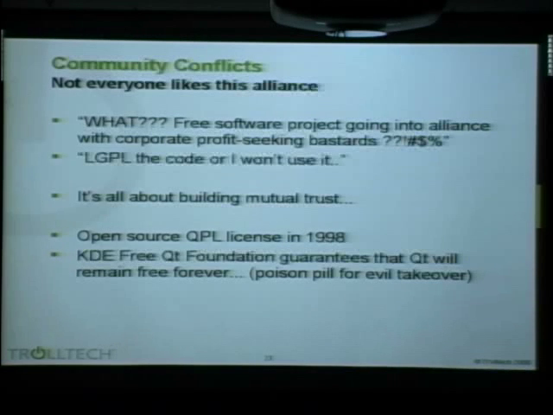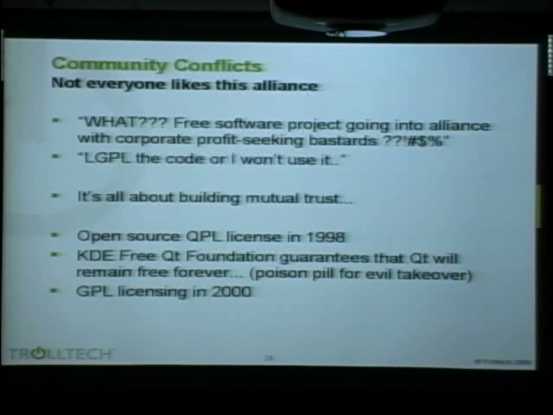So we designed a poison pill. This poison pill is for ourselves, or for an evil takeover of Trolltech, that says if you stop development of Qt, if you try to pull the license, change the license, this foundation will make sure that Qt gets completely free under a BSD license. And that seemed to settle things.